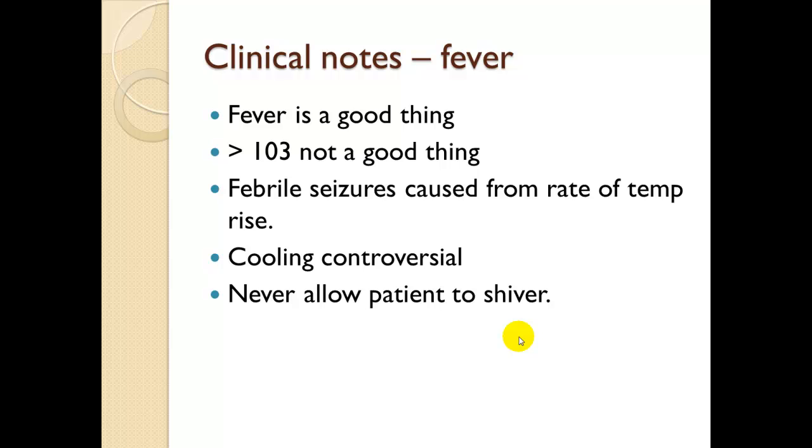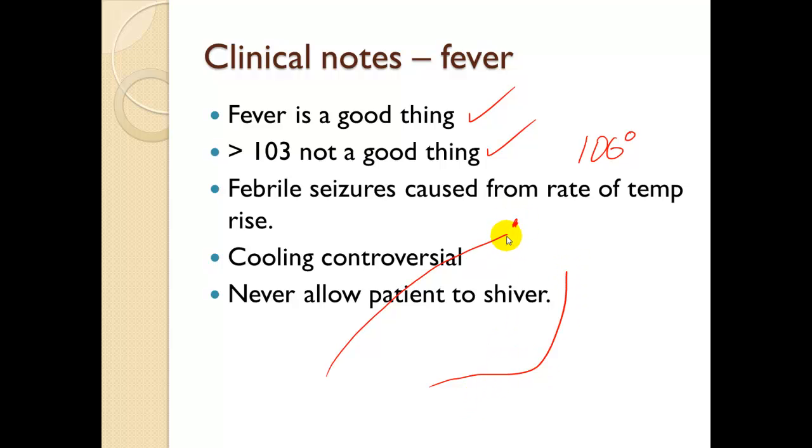Clinical notes on fever. Fever is kind of a good thing. Anything over 103 degrees core isn't a good thing. At 106 degrees, your brain is done. It is cooked. Febrile seizures, whenever they develop, are not from the spike as much as from the speed at which the spike occurred.